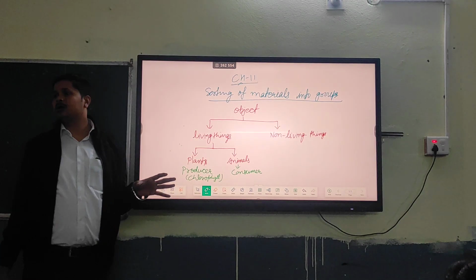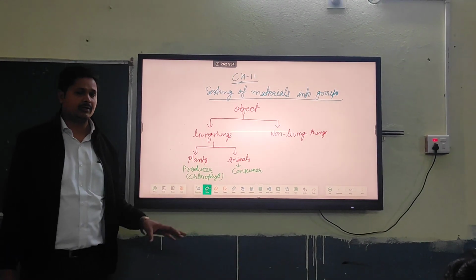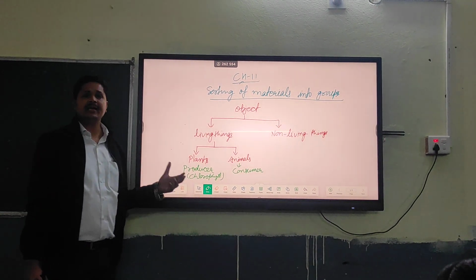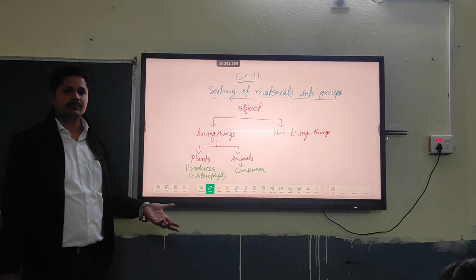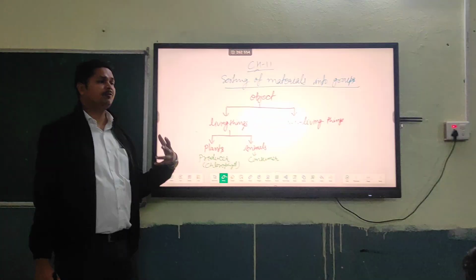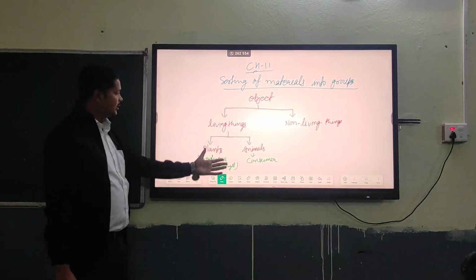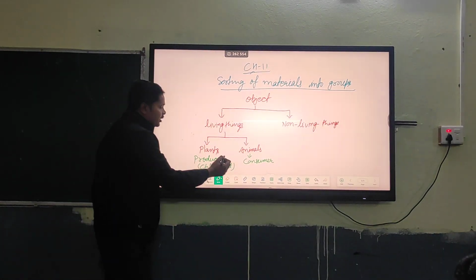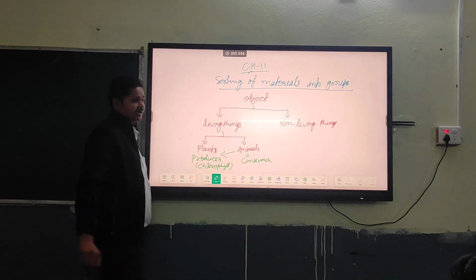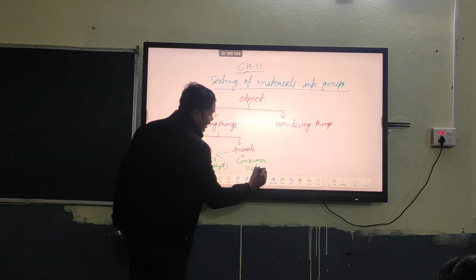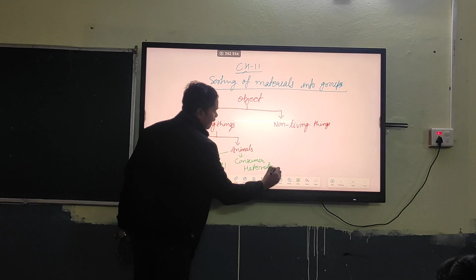They totally depend on plants for their food. They get oxygen from plants, and they get food from plants, whatever grains, fruits, flowers. So animals are consumers and they totally depend on plants. So we also call them heterotrophs.